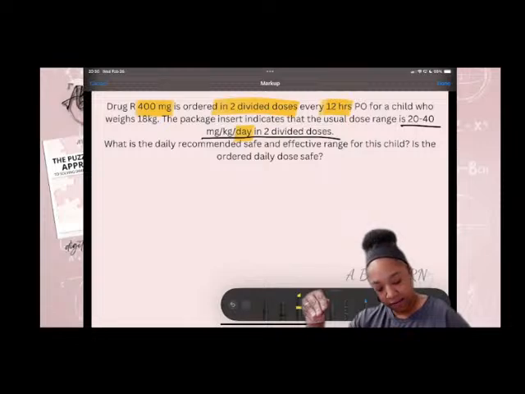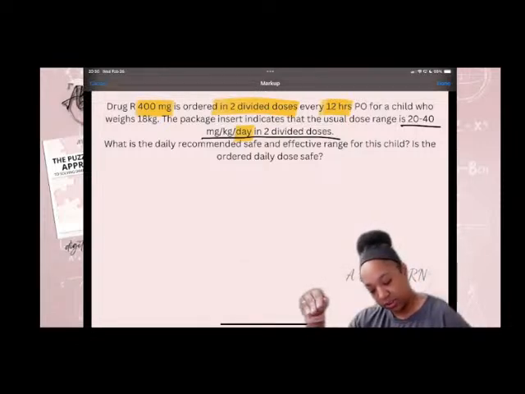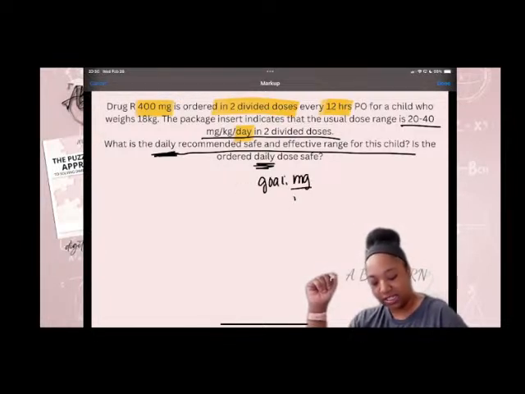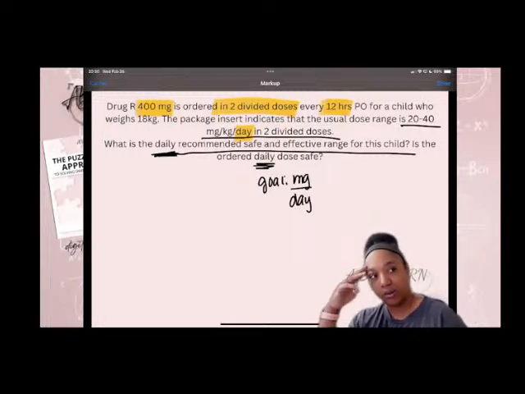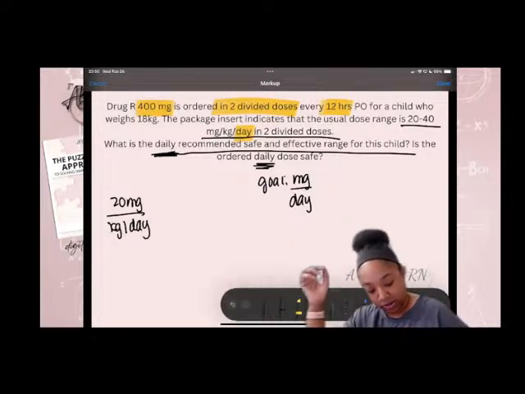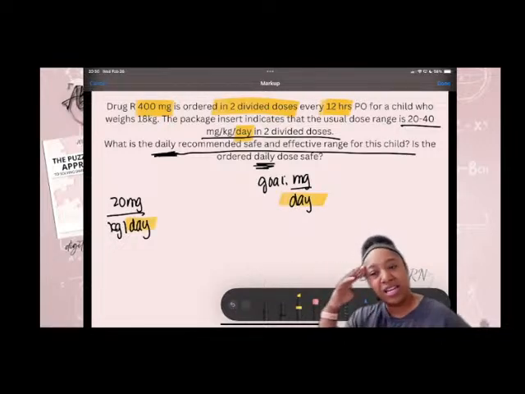So if we are looking for the safe and effective daily, we are looking for how many milligrams we should give in the day. So that is what our goal is, okay? So since we have 20 milligrams per kilogram per day, and our puzzle piece and our goal is day, do we need to know how many doses are in the day?